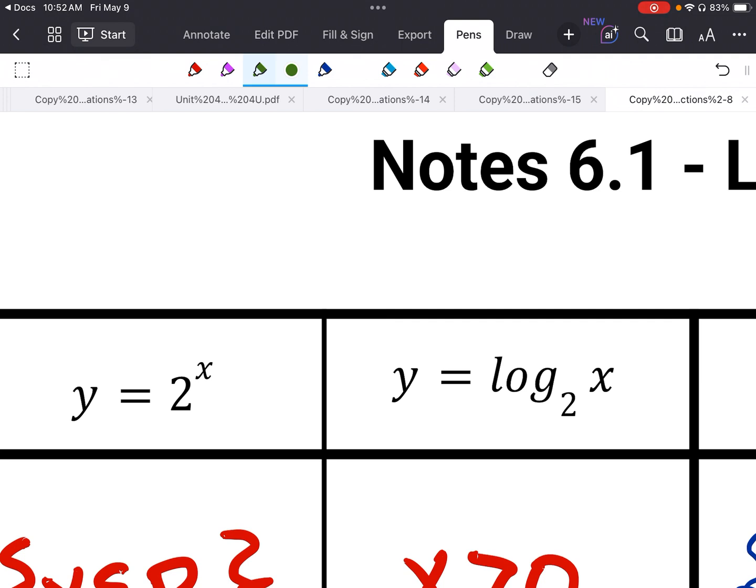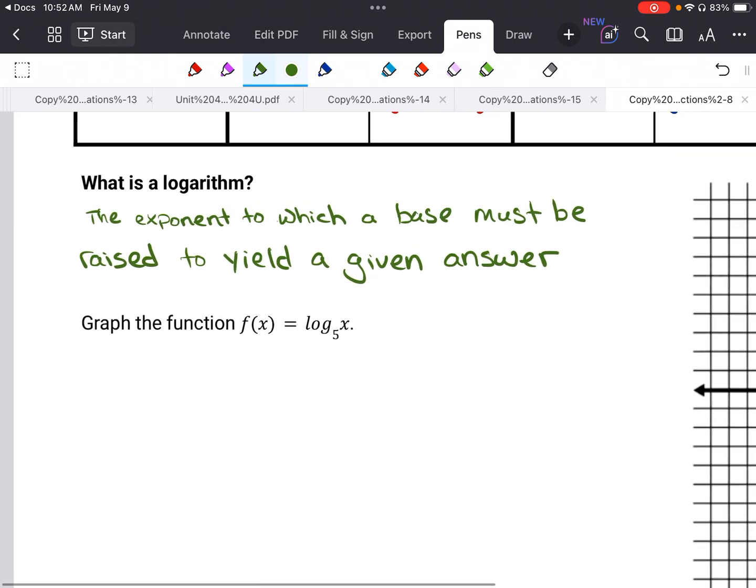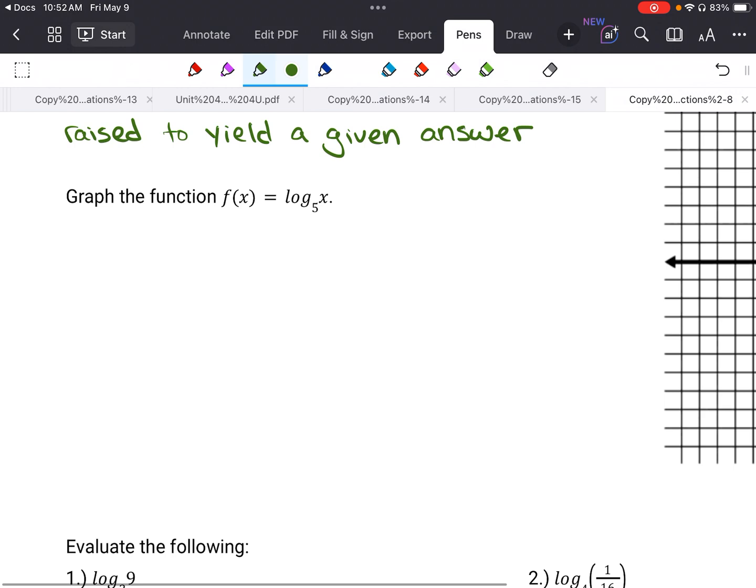The y value is the exponent that the base is raised to give the answer of x. So again, the x here in the log would be 8. It's saying 2 to the power what equals 8. That's what logarithms is doing. So it's the opposite.